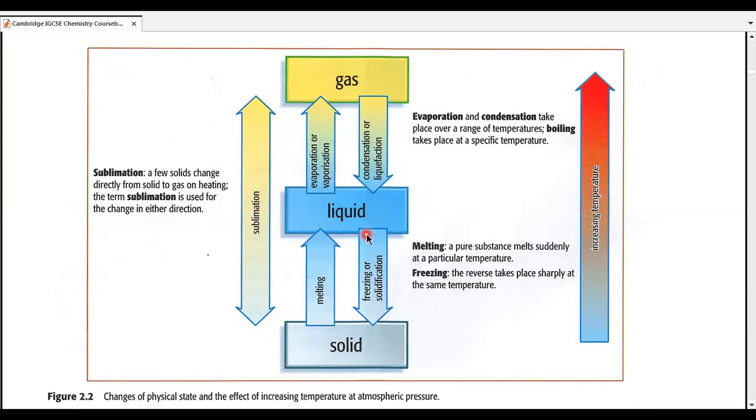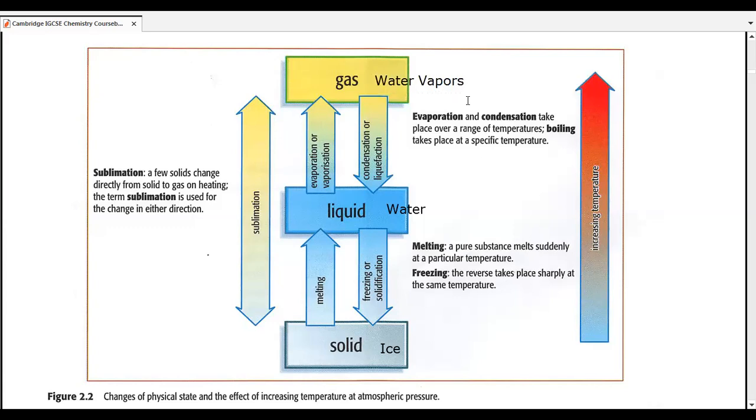All right? Let's take an example in order to understand it. For example, in case of solid, we take the example of ice. In case of liquid, we take the example of water. And in case of gas, we take the example of water vapors.